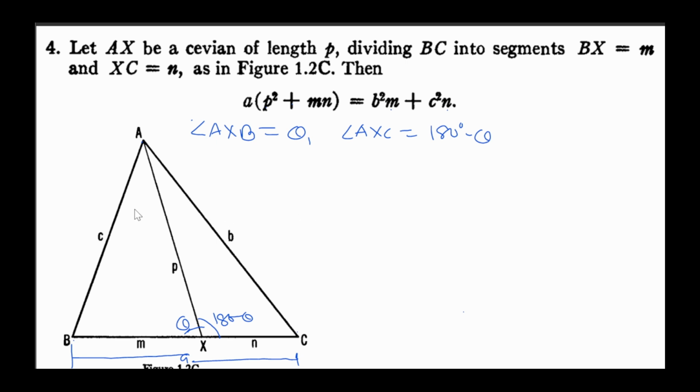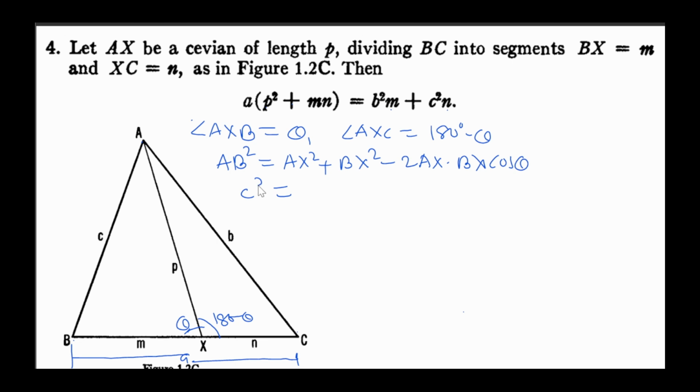Now we'll apply the cosine law for triangle ABX. So in this triangle, we can say that AB square is equal to AX square plus BX square minus 2 into AX into BX cos theta.